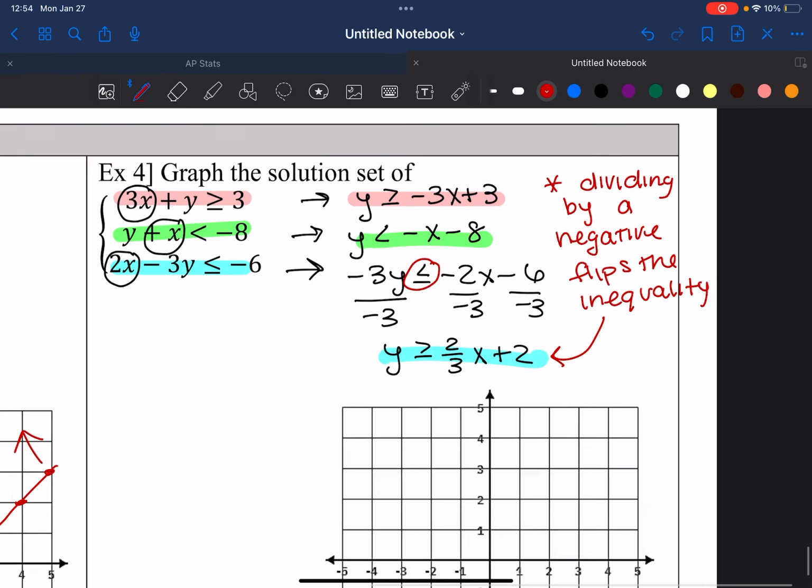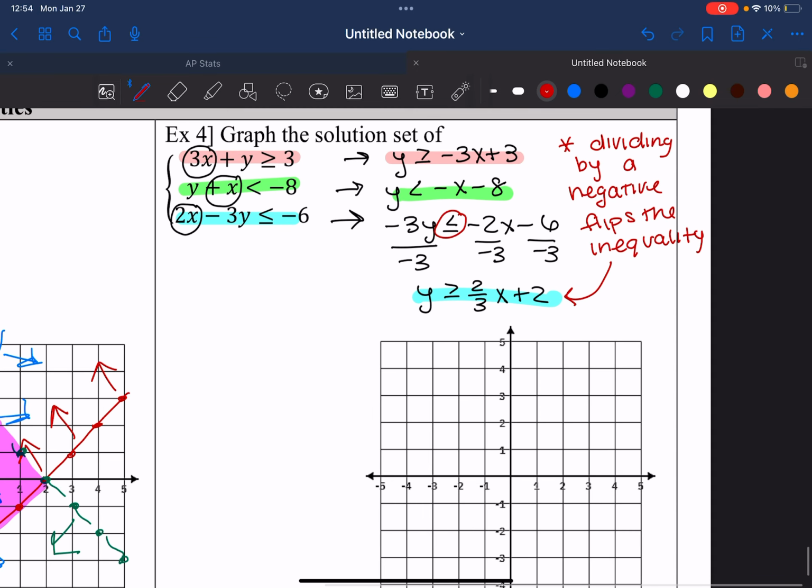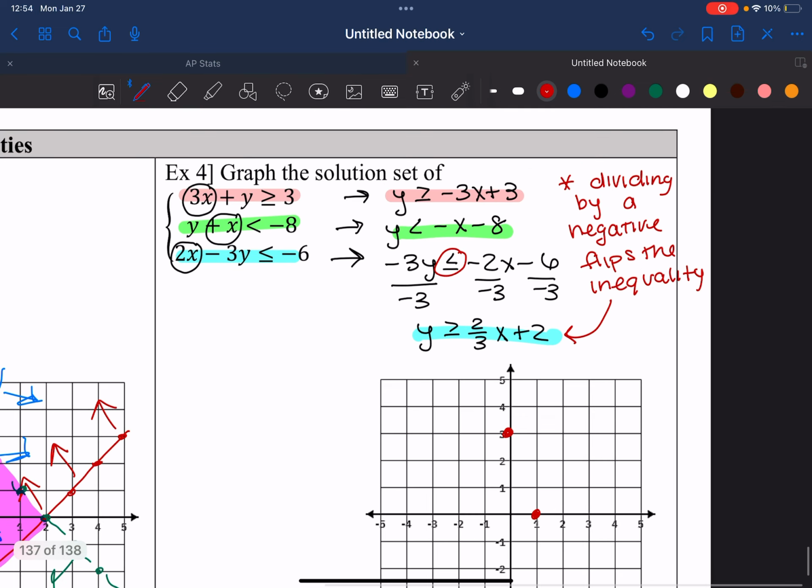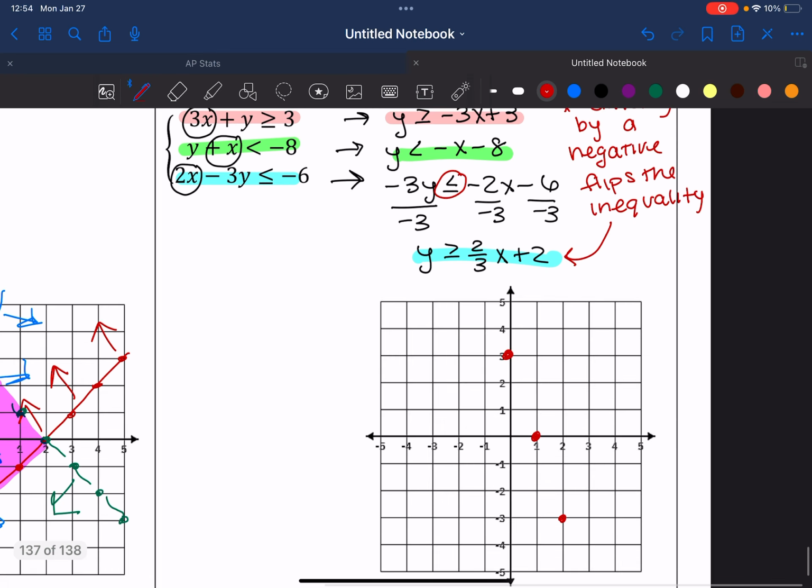Starting with the first equation, I have a 3 as my y-intercept, and I'm going to go down 3, right 1, down 3, right 1. Since this is y is greater than or equal to, we know it's a solid line, and greater than means we're going up. Then I have y is less than negative x minus 8.